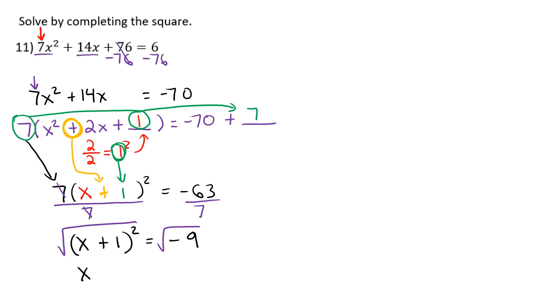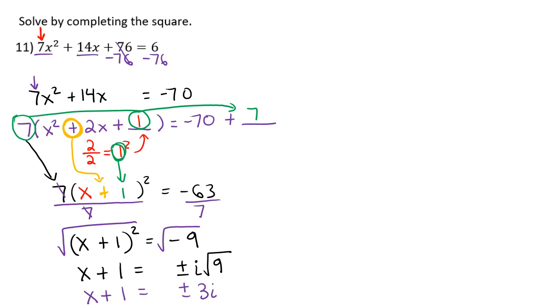So we'll have x plus 1 equals plus and minus, because we square rooted both sides. We have a negative inside that radical, which means we're going to bring the letter i, and then the square root of 9, like so. Now the square root of 9 is really 3. So what we have here is x plus 1 equals plus and minus 3i.